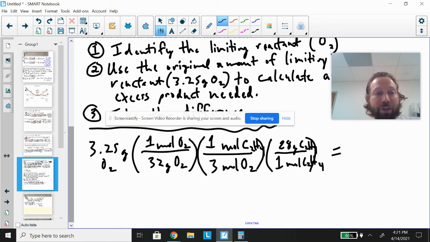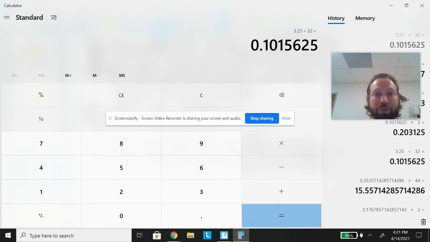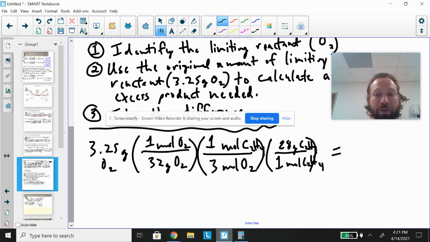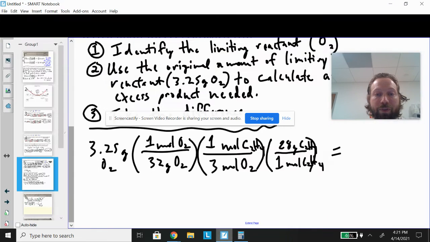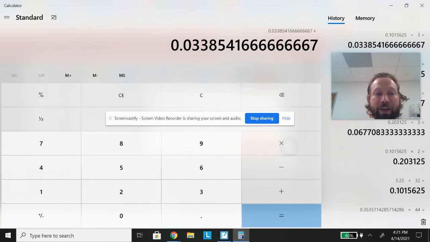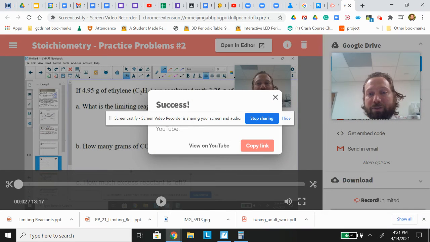And what I get: 3.25 divided by 32 equals, and then I go divided by 3 times 28, and I get 0.947. Call it 0.95.